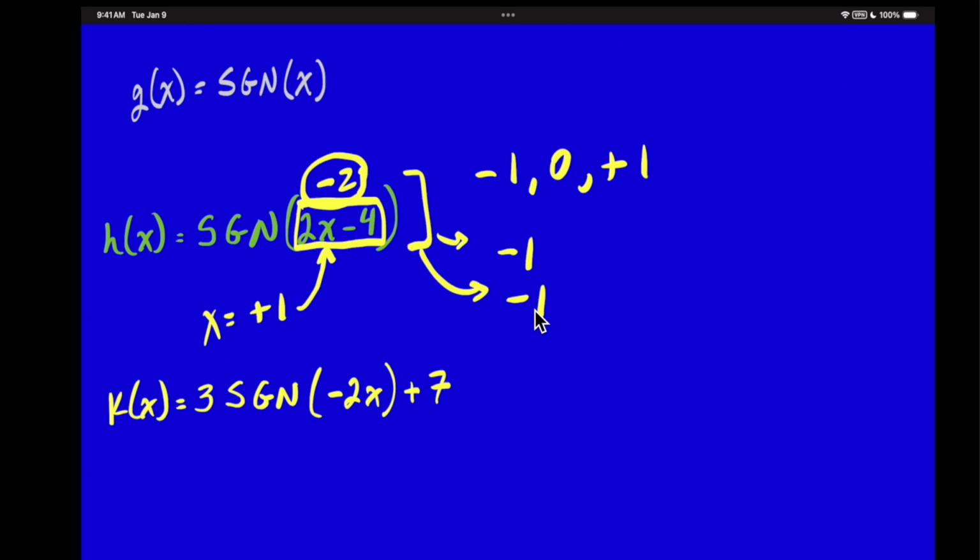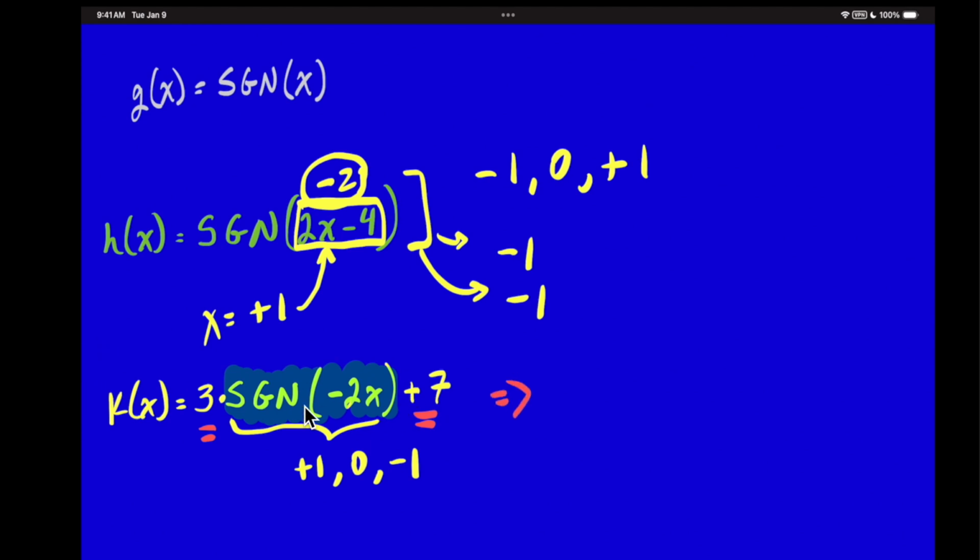Now, folks, we have this third scenario where this portion of the function right here is going to yield an output of either positive 1, 0, or negative 1. But then these neighbors here, you're going to be multiplying, here you're going to be adding, are going to affect the final output.